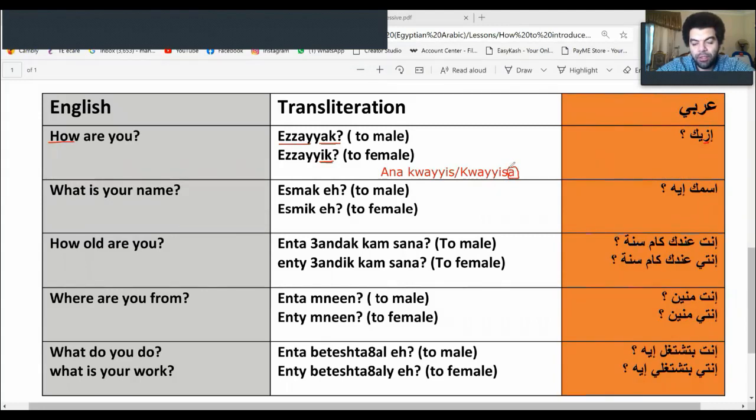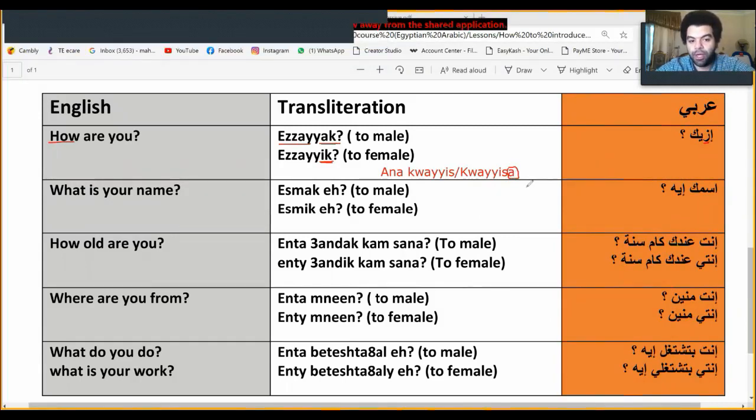And all feminine adjectives, all describing words, feminine, will end with a. Okay, this is how we know it's feminine. In Arabic, there's a special letter for that, which is ta marbuta. So if you know writing, you know what I'm speaking about. If you don't know, you should go and learn. But in this course, you don't need to know. Okay. أنا كويس. أنا كويسة.